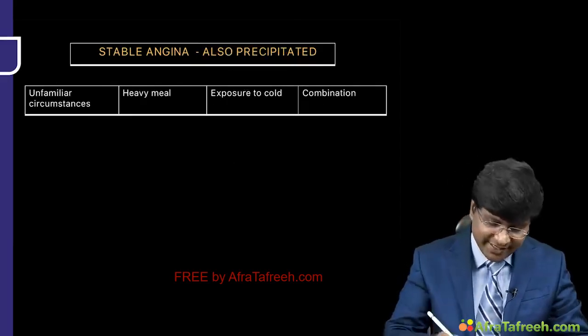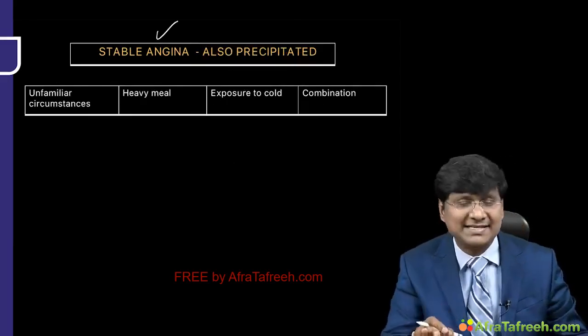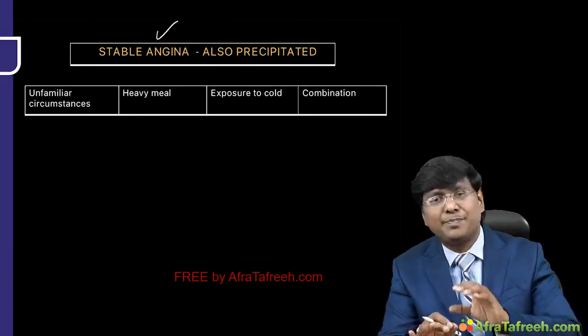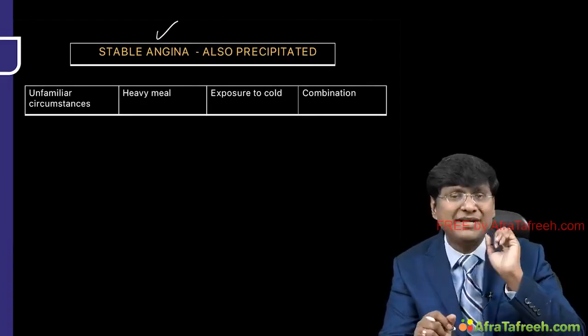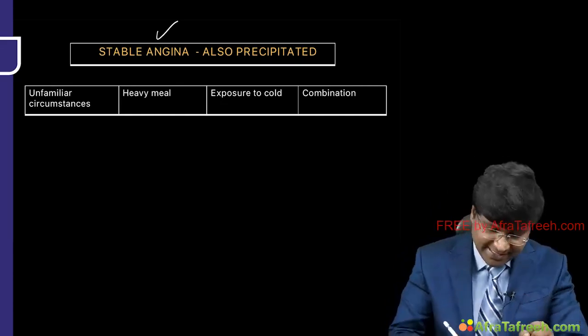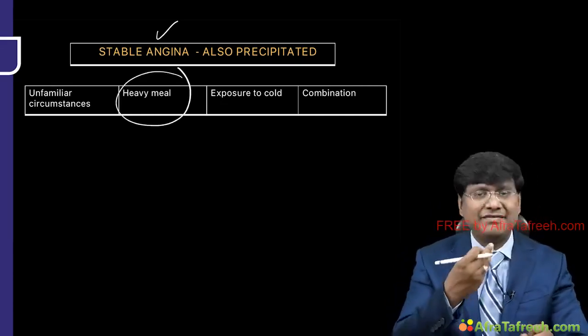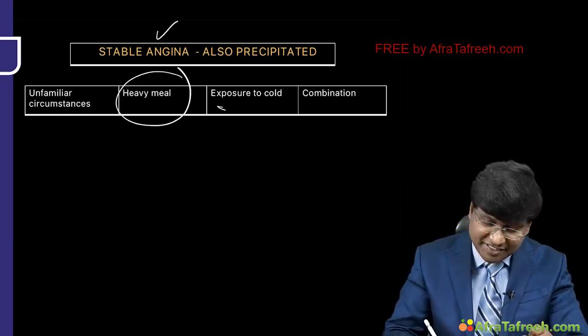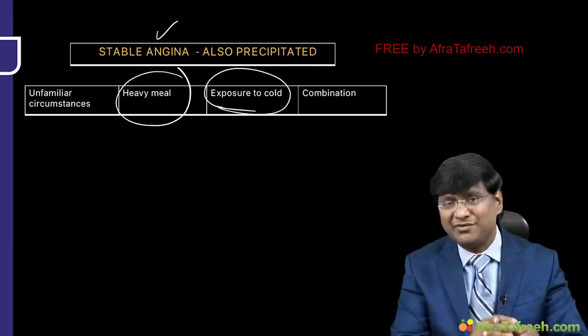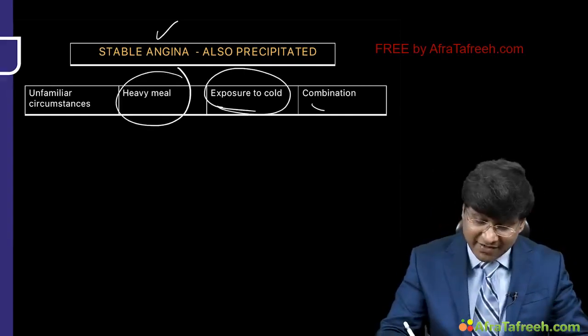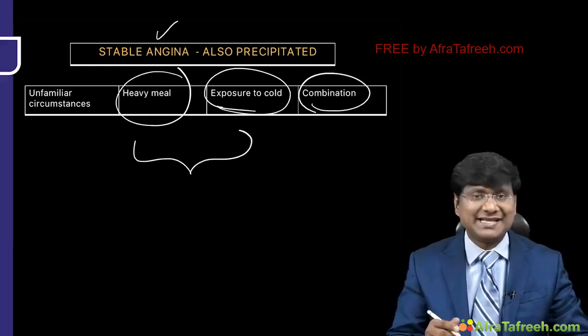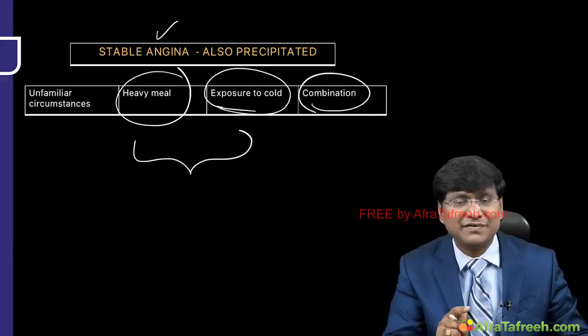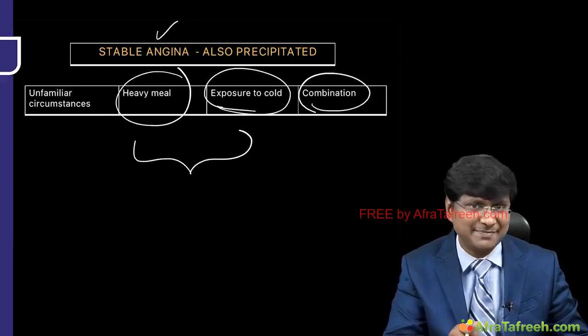Next, another point is that stable angina is also precipitated by some unfamiliar circumstances, like it gets precipitated by heavy meal. It can get precipitated upon exposure to cold environment or even a combination of these can also precipitate the development of angina in case of stable angina pectoris.